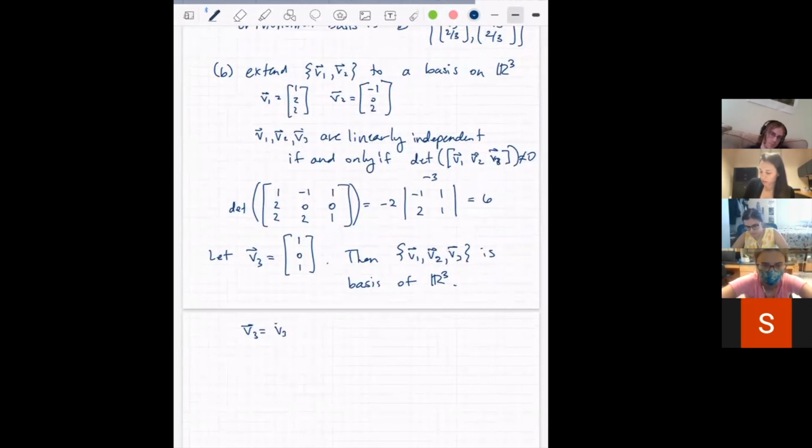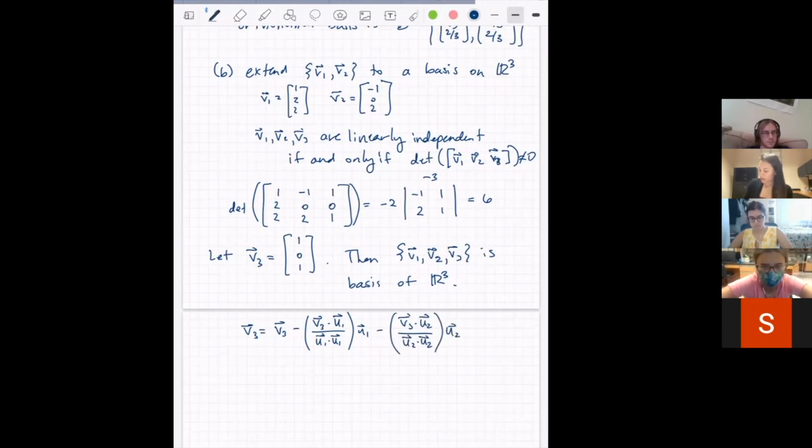We take V3 minus V3 dot U1. U1 will be easier to use than W1, so we'll use that since it's not going to change anything. Minus V3 dot U2. That should give us something orthogonal to both U1 and U2. And then we'll just normalize it to get an orthonormal basis.